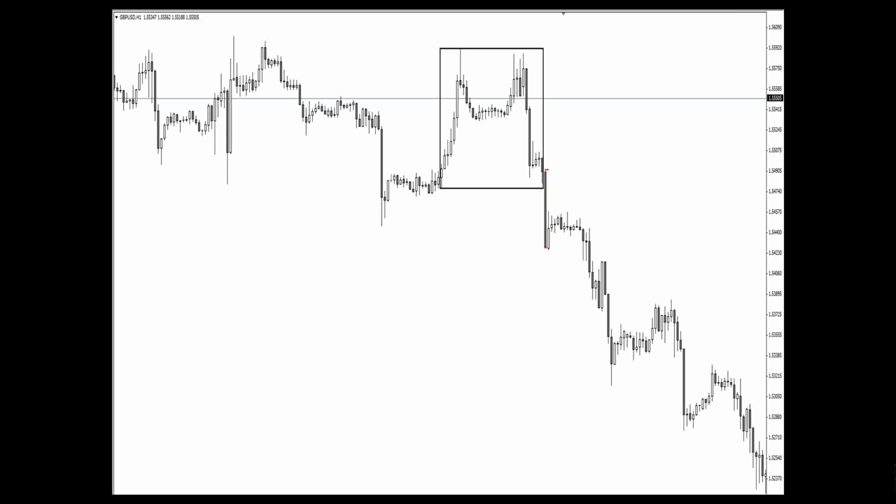You draw your Fibonacci from the top to the bottom, and you will get those Fibonacci retracement levels. 38.2, 50, 61.8 are levels for your trades. So this happened to go around 50% of fib, so you could short it, and you saw what would probably happen. You would be in very, very good profit.